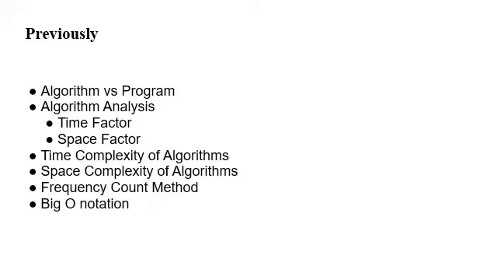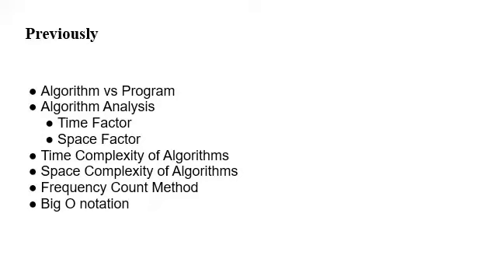In the previous week we studied the difference between an algorithm and a program. Both are a step-by-step representation of a procedure or task that we need our computers to perform for us. Then we studied algorithm analysis, and there are two factors involved.